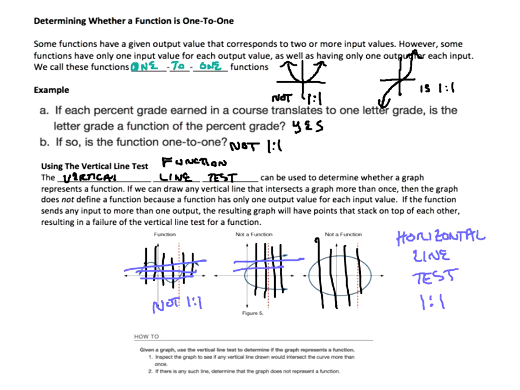This is not a function, but it is one-to-one. This is not one-to-one, and it's not a function. Are y'all cool with the horizontal and the vertical line test there? So vertical line test is test for a function. Horizontal line test is test for one-to-one. Awesome.